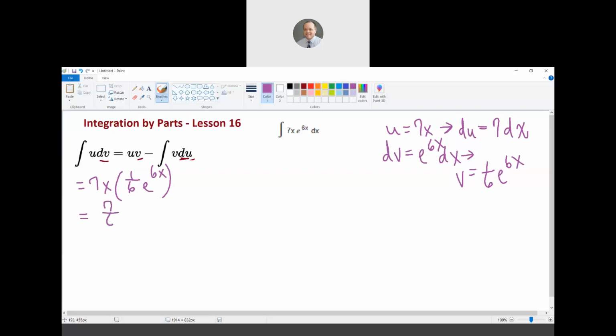We have 7 over 6 x e to the 6x power minus the integral of v, or 1/6 e to the 6x power, times du, which is 7 dx. And let's move that 7 and 1/6 outside, making it 7 over 6 times the integral of e to the 6x power dx.